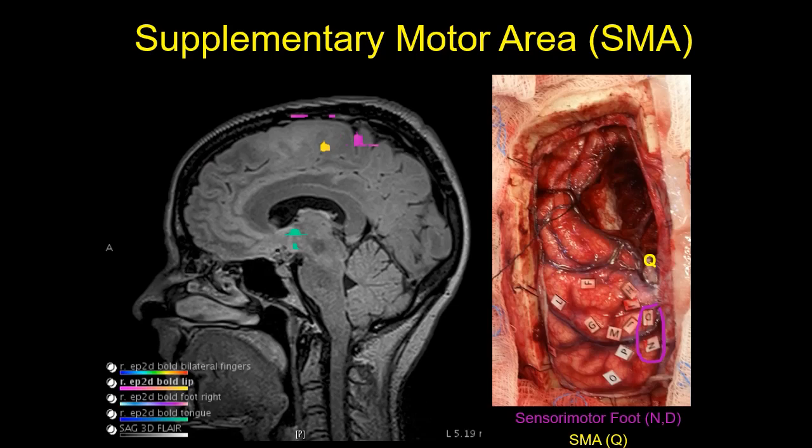In addition, stimulation at site Q in the depth just anterior to the precentral sulcus elicited hesitancy of movement when the patient was asked to perform concurrent arm and leg movement, which corresponds to the area of supplementary motor activation shown on fMRI.